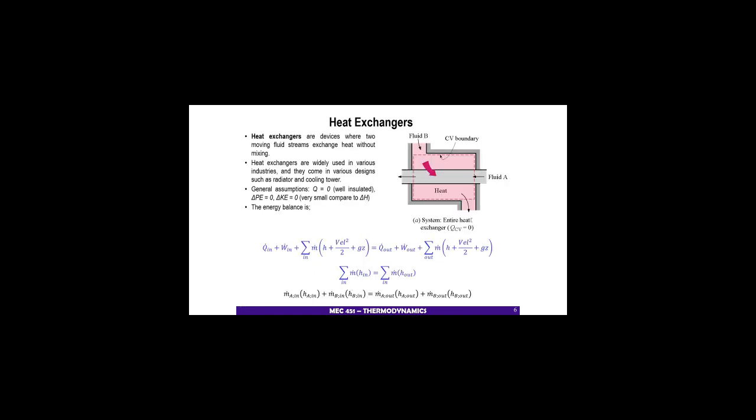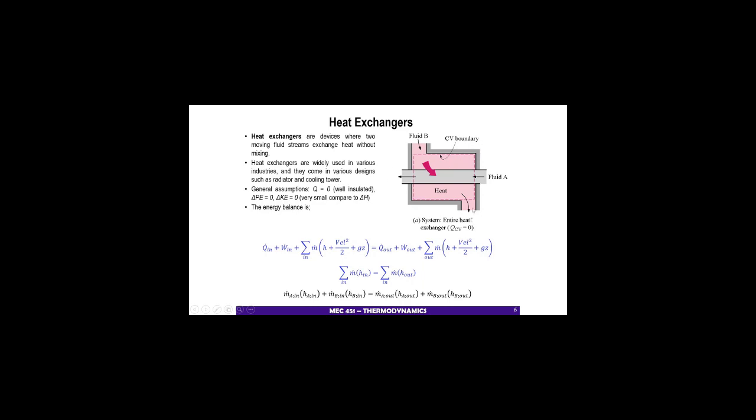Heat exchanger. Heat exchangers are devices where two moving fluid streams exchange heat without mixing. So we have a border here. The fluid A and fluid B are not mixed, but the heat can be transferred. Heat exchangers are widely used in various industries, and they come in various designs such as radiators and cooling towers. In general, your heat is zero, as there is no leaking from the heat exchanger.